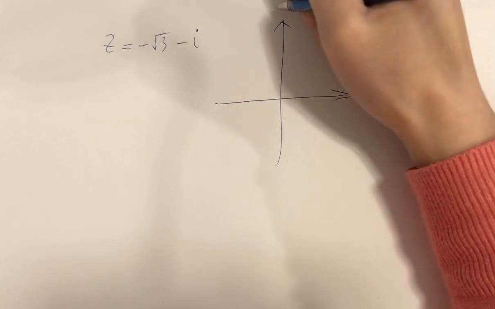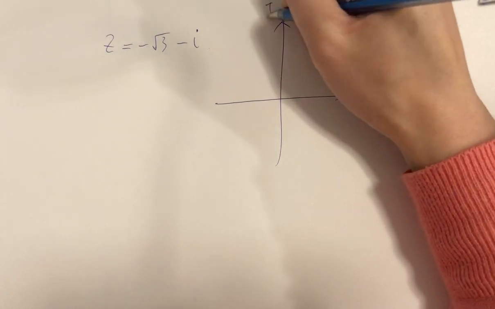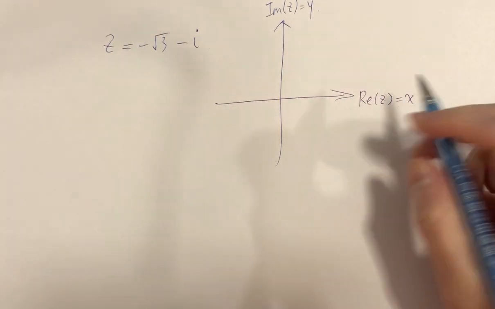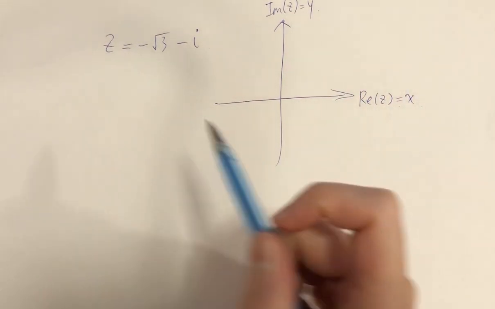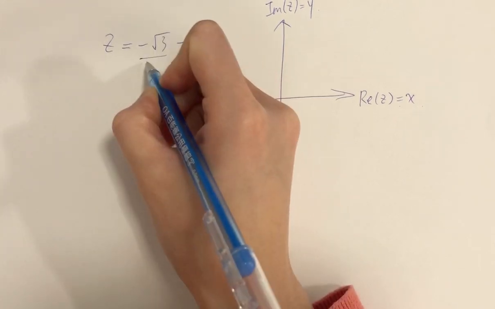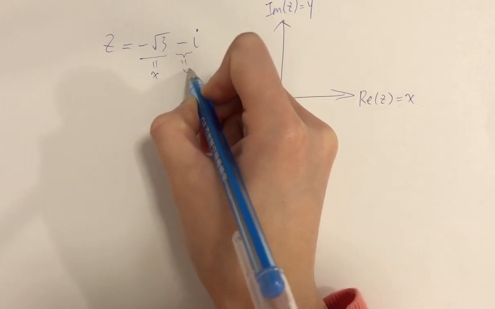This will be the imaginary part of z, which we tend to just call the y-axis. So this is your x, and this coefficient is your y.